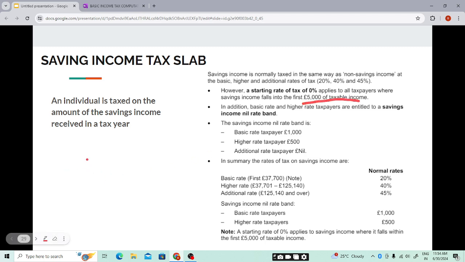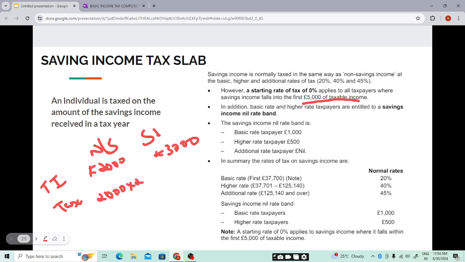So 2,000 non-saving and 3,000 saving is taxable income. Tax was 20% on the non-saving income, that is 400. Now the saving income falls into the first 5,000 of the taxable income.